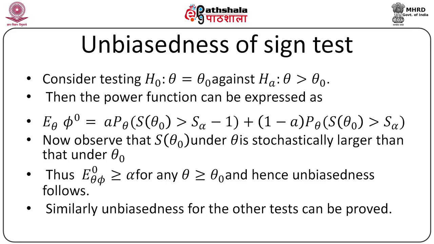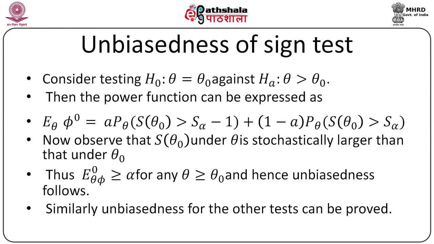Consider testing theta equal to theta naught against theta greater than theta naught. Then the power function can be expressed as probability S theta naught greater than S alpha under theta plus A probability S theta naught equal to S alpha under theta.